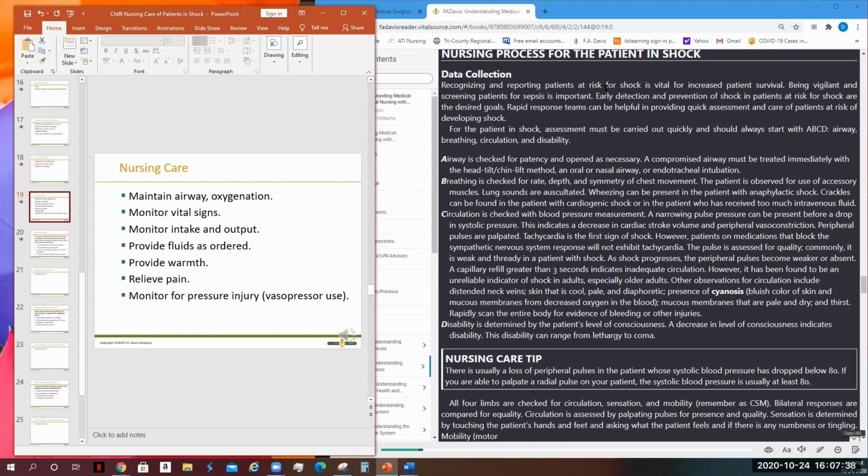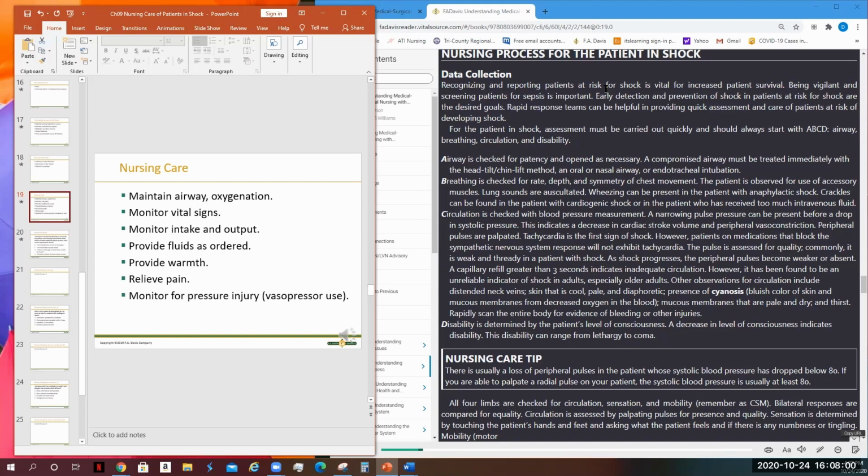However, patients on medications that block the sympathetic nervous system response will not exhibit tachycardia. The pulse is assessed for quality. Commonly, it is weak and thready in a patient with shock. As shock progresses, the peripheral pulses become weaker or absent.